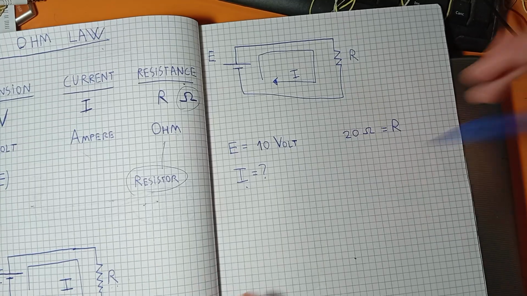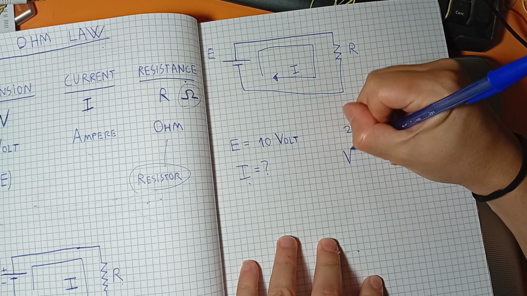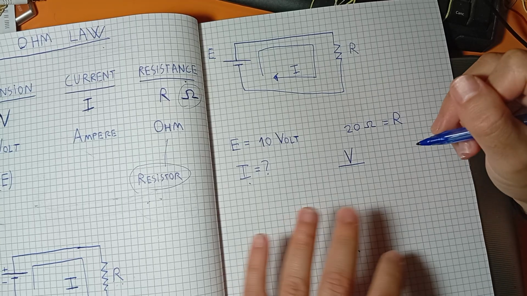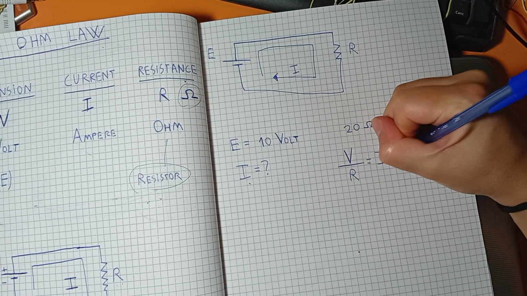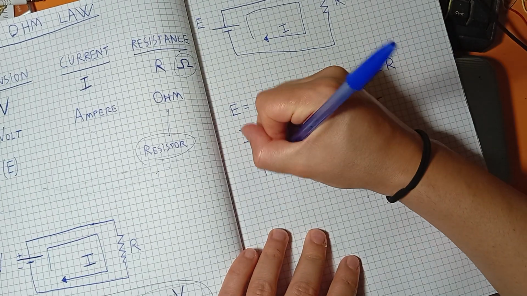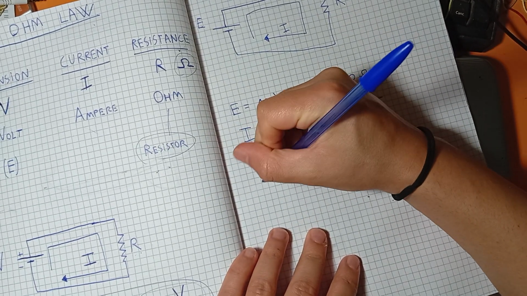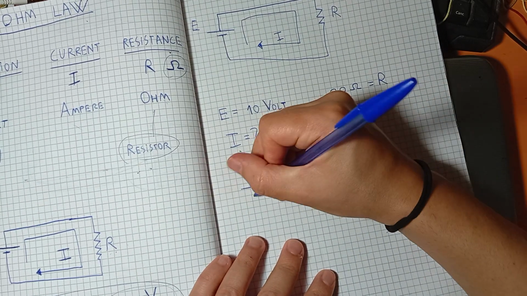So we have to find the current. Okay, so we will divide voltage by resistor and we'll find the current. So what we'll do now is divide 10 volt by 20 ohm.